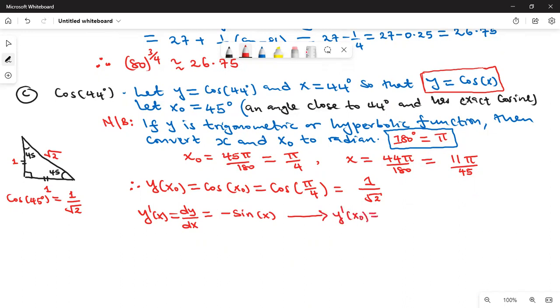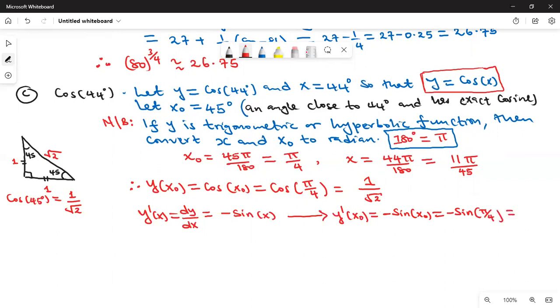Y prime at x naught. Look at our y prime, that is the same as negative sine x. This is negative sine of x naught. Our x naught is pi over 4.